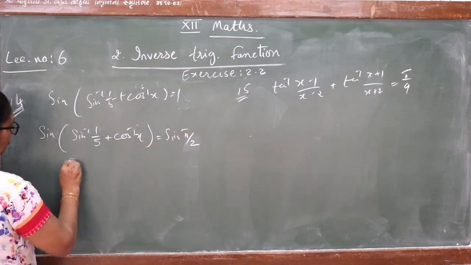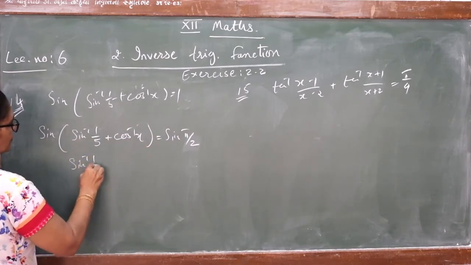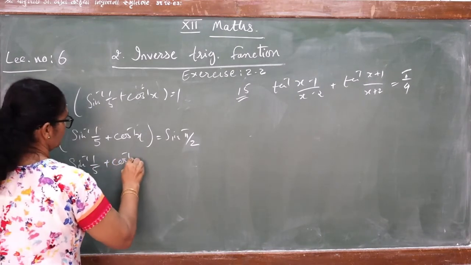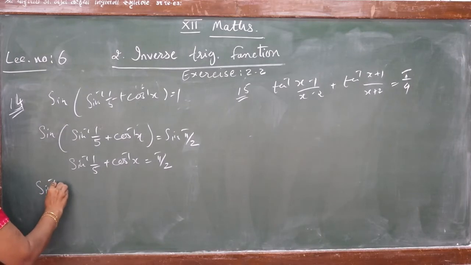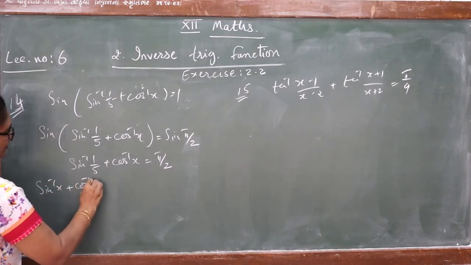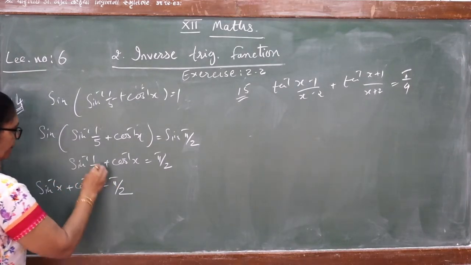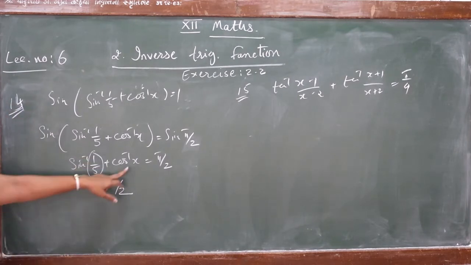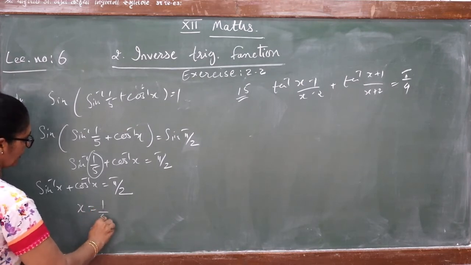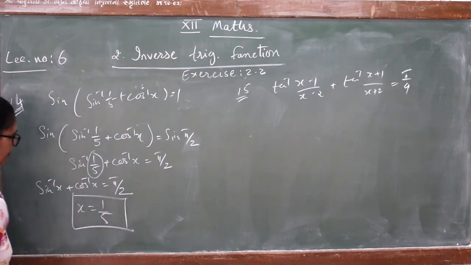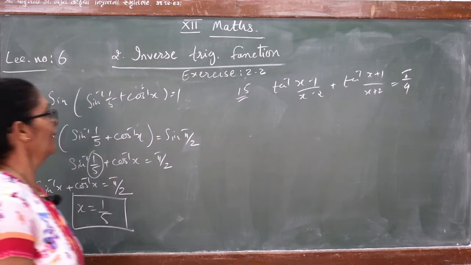Sin removed from both sides, so sin inverse 1 by 5 plus cos inverse x equal to pi by 2. You have one formula: sin inverse x plus cos inverse x equal to pi by 2. So if it is 1 by 5 with sin, then with cos also definitely it will be 1 by 5. Then only you can say it will be pi by 2. So your answer is 1 by 5.